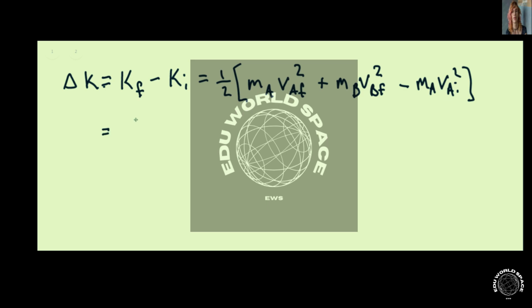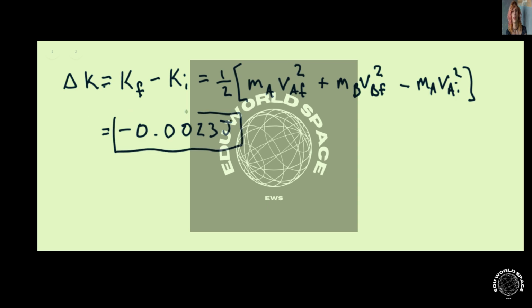and so then putting all of these numbers in, we get that the change in kinetic energy is negative, which it either has to be 0 or negative, because there's nothing going on in this problem to externally add energy to the system, and so the kinetic energy can only either be conserved, or if the deformation of the pucks is not perfectly elastic, some of it will turn into a very slight temperature rise in the pucks.